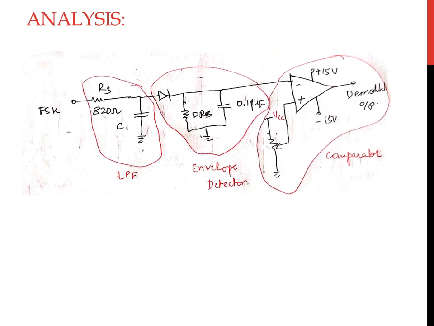As we have studied earlier in the ASK and the PSK, even in this case the comparator output will be a saturated value, and if the op-amp is a MUA741 op-amp with a dual power supply of plus or minus 15 volt, then the output voltage that we obtain will have a peak value of plus or minus 14 volt, which is equal to 28 volts.